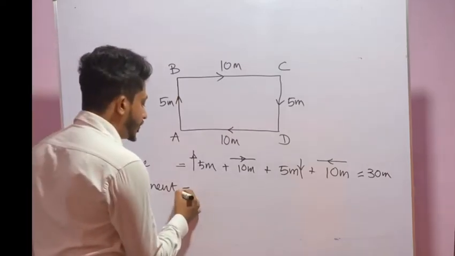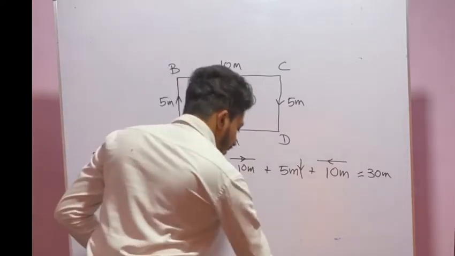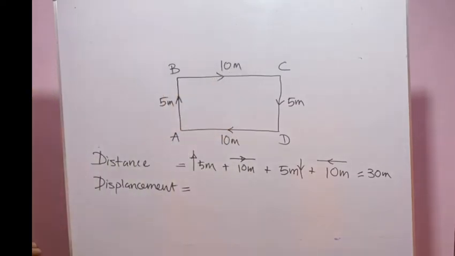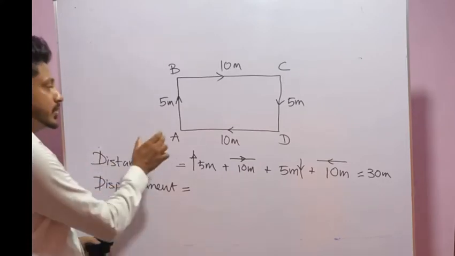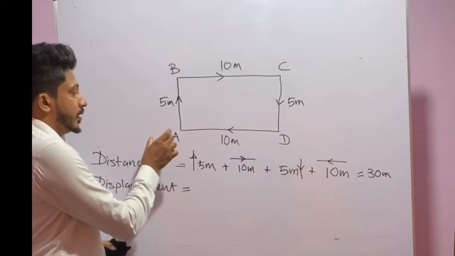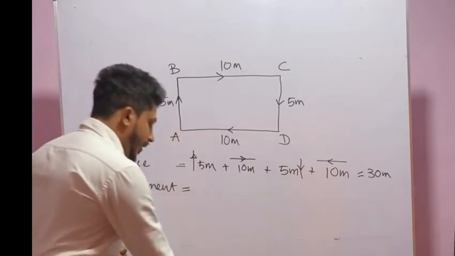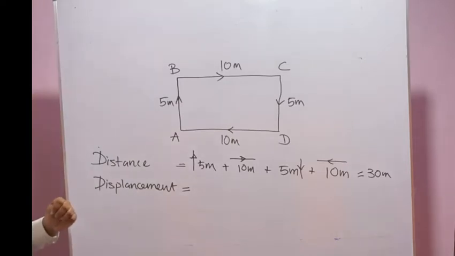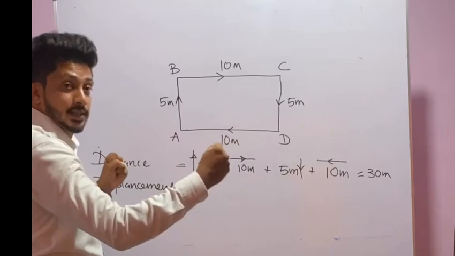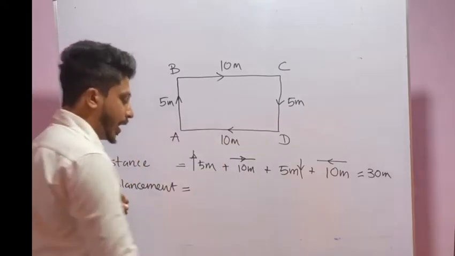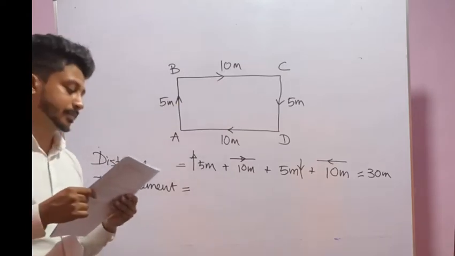Before I calculate displacement, I can calculate the displacement in my mind. Anyone can do that because it is very simple. So I told you what is displacement. Displacement is the straight line distance between 2 points. In other words, it can be described like this.